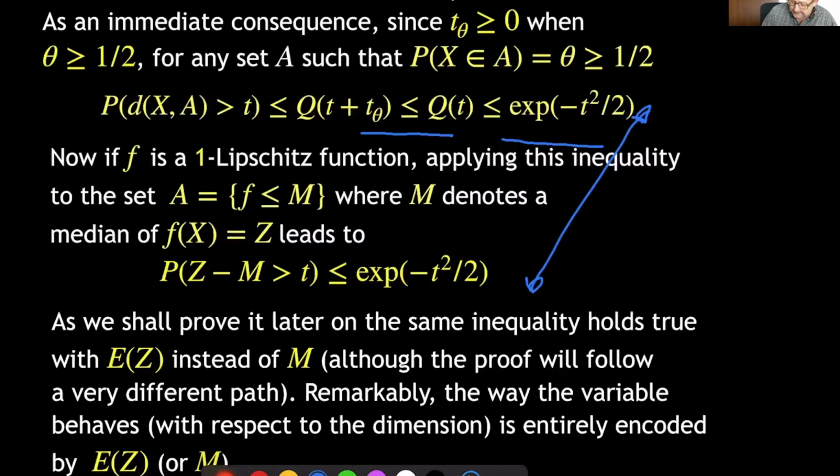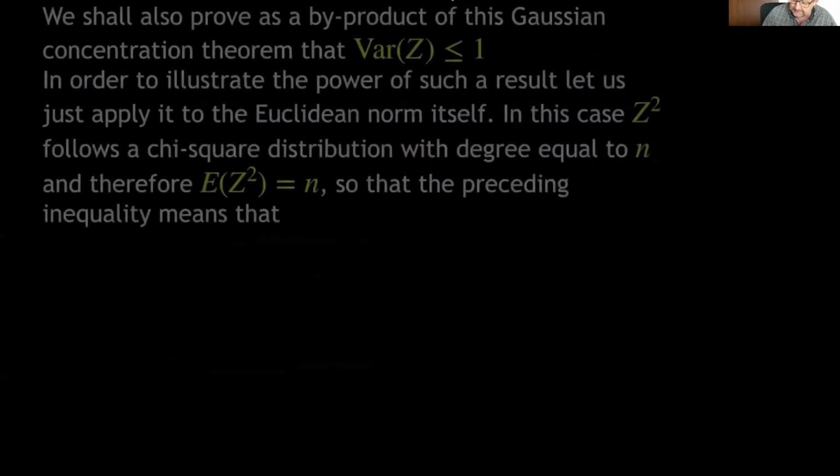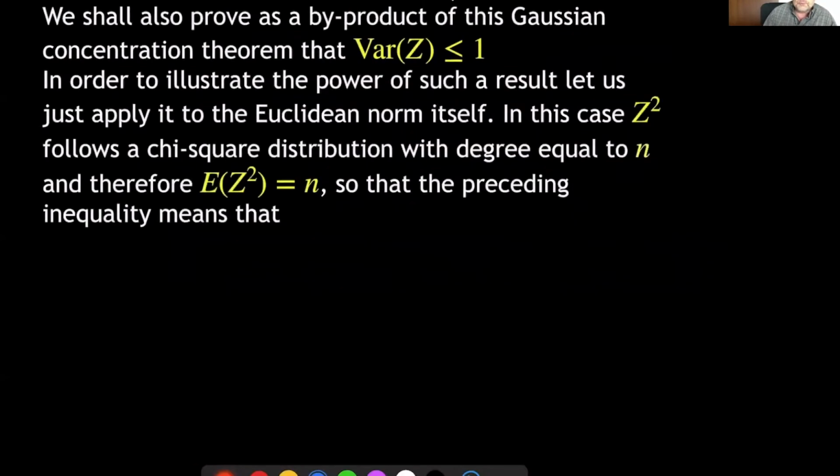And meanwhile, as you can see here, the Gaussian tail is the standard Gaussian tail, so you have the Gaussian tail for the variance equal to 1. And so it is not surprising to see that the variance of z is also controlled by 1. This is what we shall call a Poincaré type inequality.